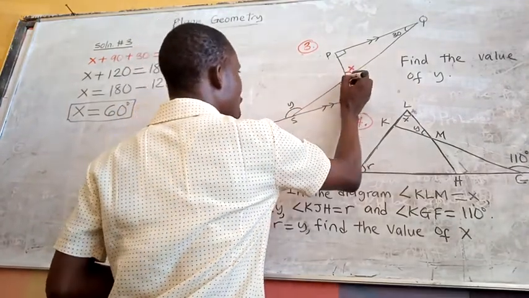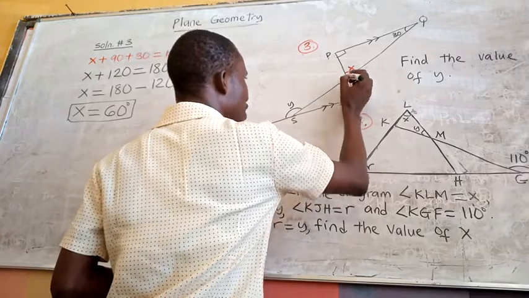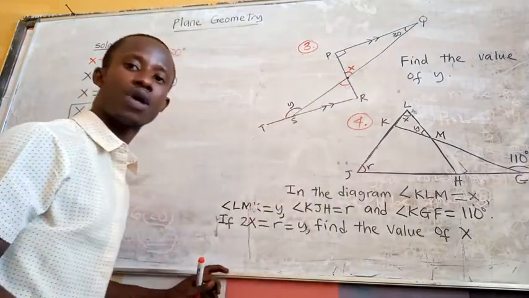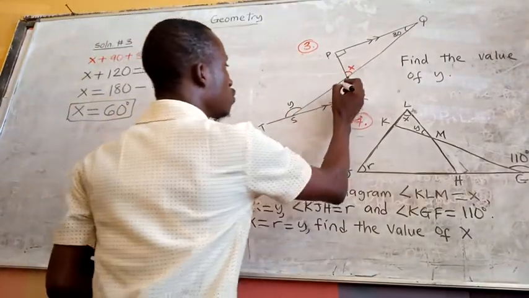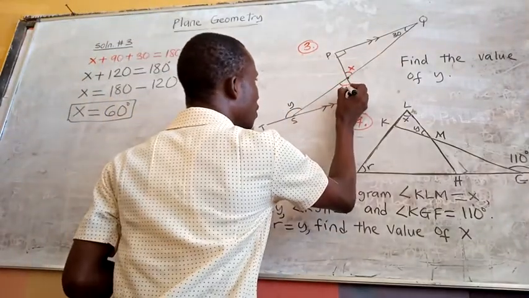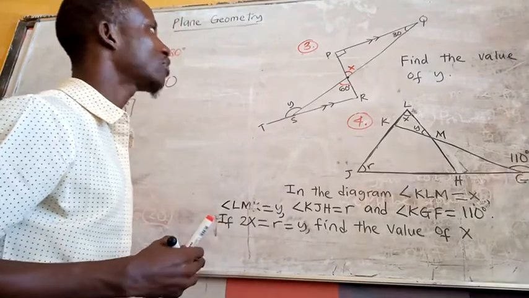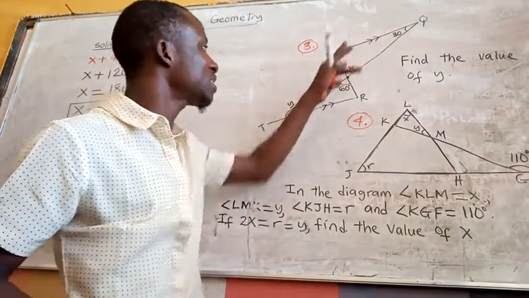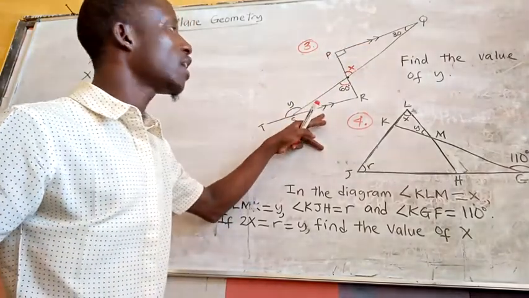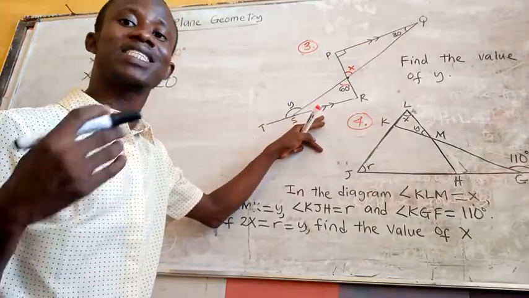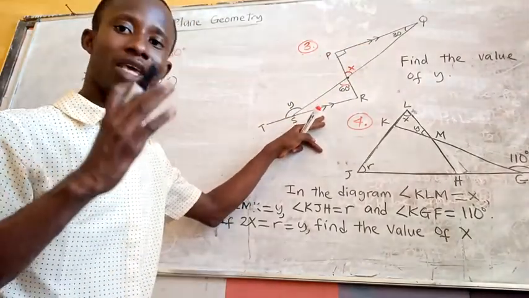And x shares a common vertex with this angle here. Vertical angles are always equal. So since x here is 60, it means the angle here is also 60 degrees. But we are told that the two lines are parallel. Because the two lines are parallel, it means that alternate interior angles are equal.